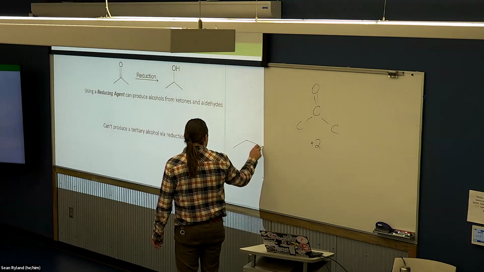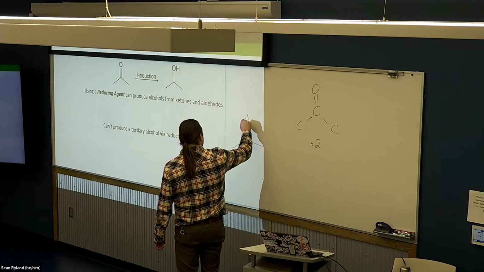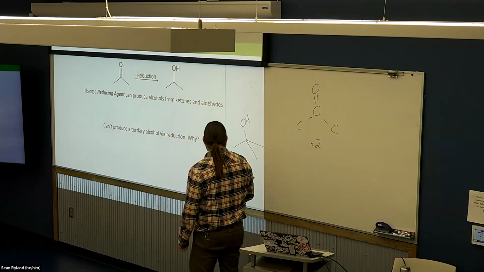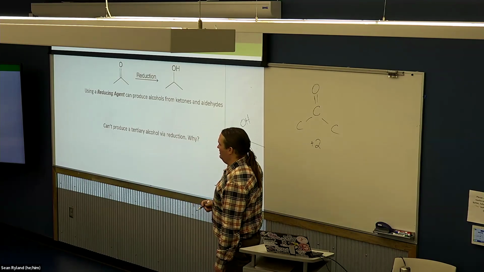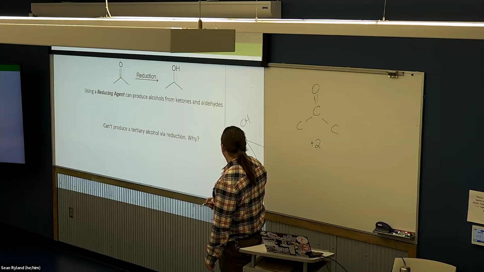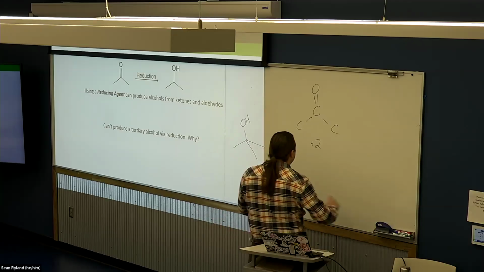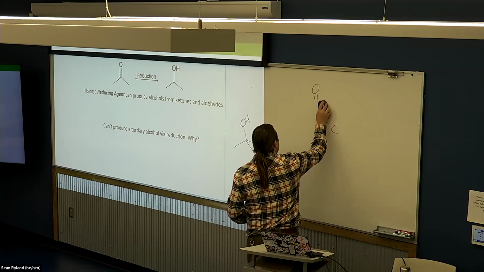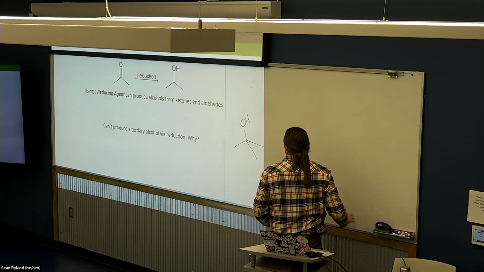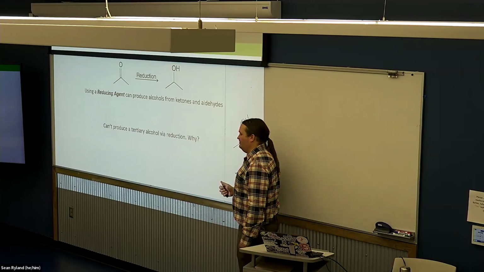So a tertiary alcohol would be something like this. What would the carbonyl look like? And it's like the OH is gonna push everything around it down, right? Correct, similar to any other tetrahedral.